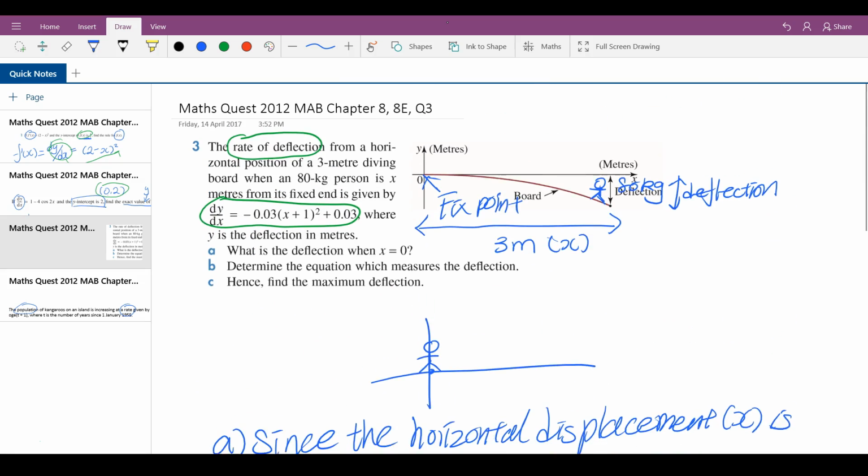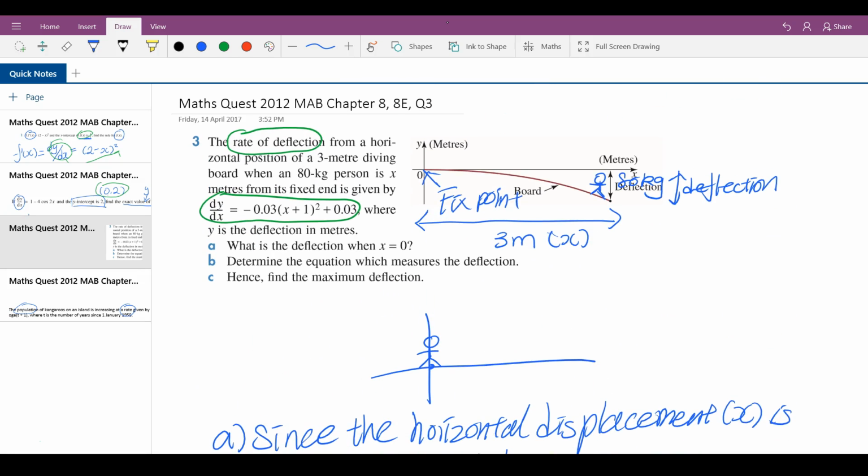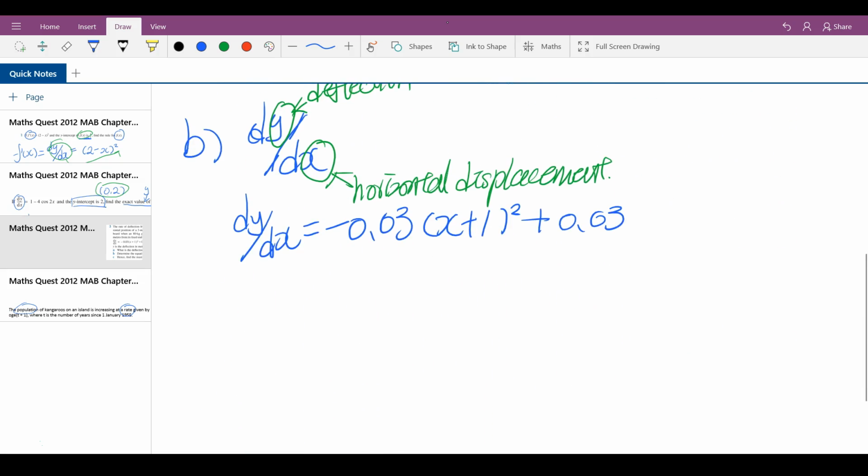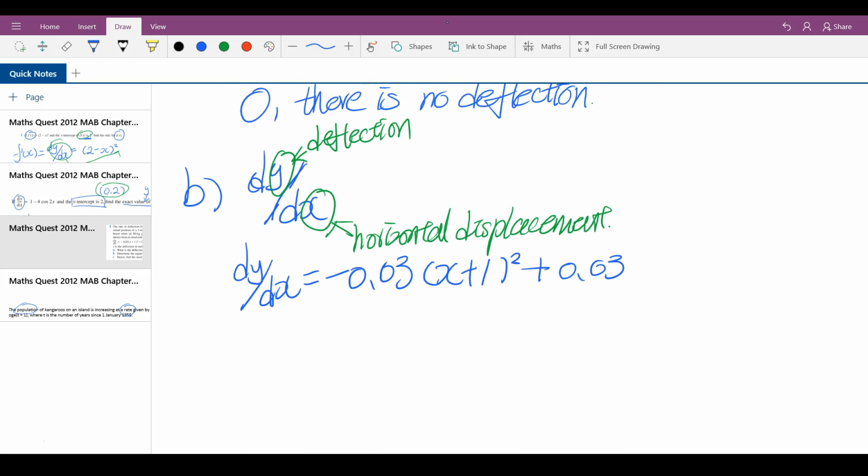Remember the question asks us to determine the equation which measures the deflection. If y is the deflection, we have to find an equation for y.